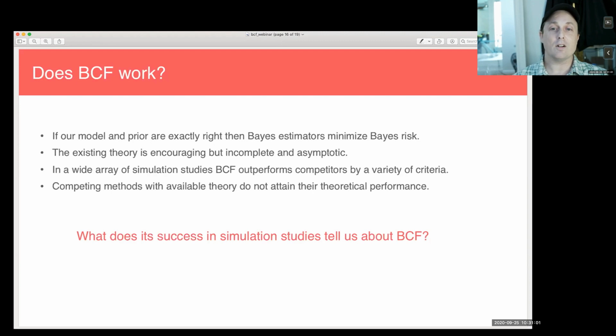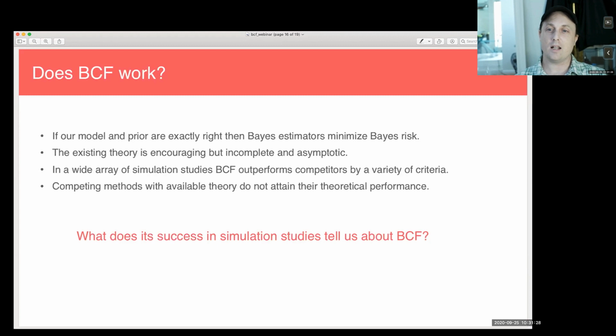The existing theory on BART is encouraging, but it's incomplete. It hasn't been tailored specifically to treatment effects. It hasn't looked at the regularization methods that we are proposing. And moreover, it's asymptotic, and apparently it does not tell us much about how things work in finite samples. On the other hand, in a wide array of simulation studies, we tend to outperform our competitors by a variety of criteria.